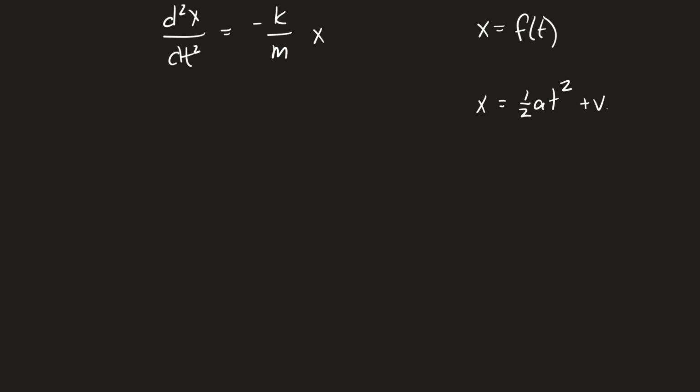So we've had functions that describe an object's motion. So we know there's got to be a function out there that describes the motion of our simple harmonic oscillator. This says that if I take the derivative twice, I will get the original function back, a constant, and a negative sign.